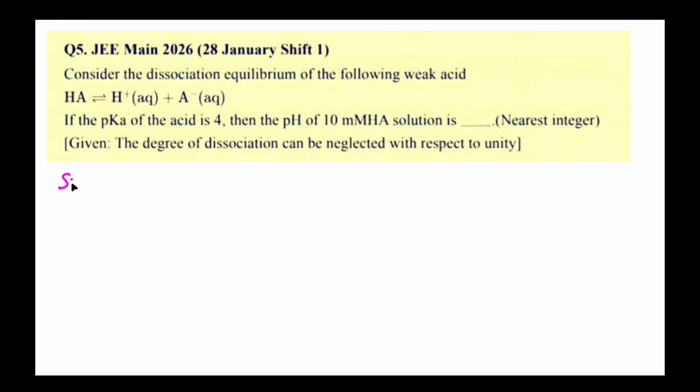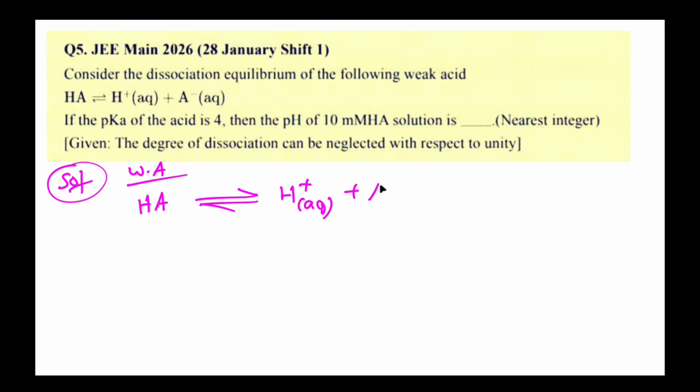So here the given weak acid, that is HA, it will be dissociated into H plus and A minus. So pKa of the acid they given, that is 4. From that Ka is equal to 10 power minus 4. So here they given 10 millimolarity of HA solution.